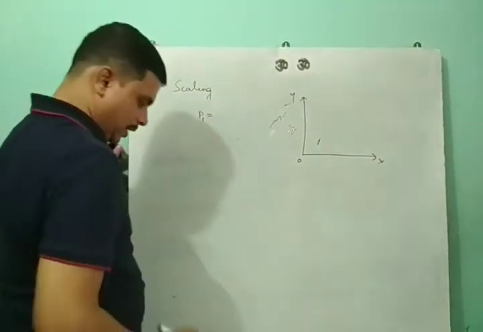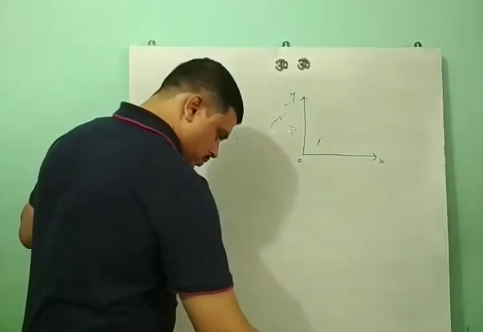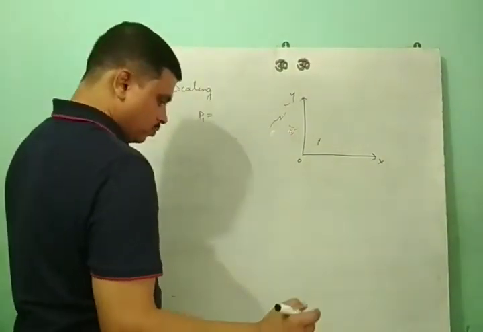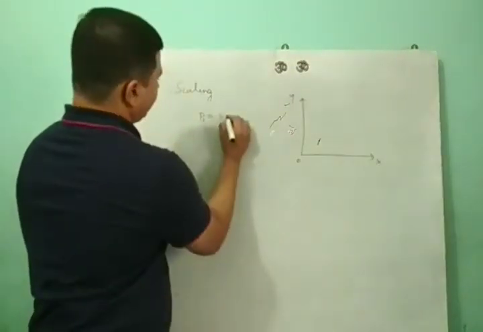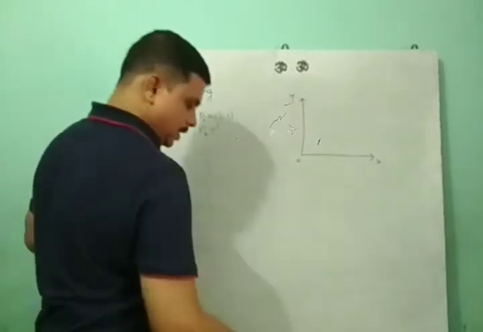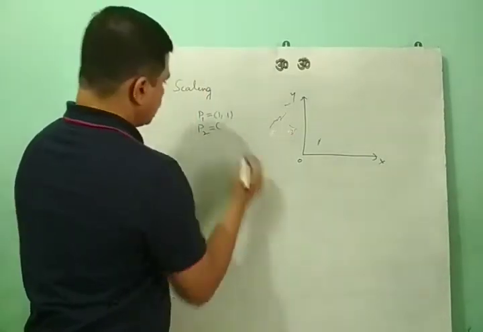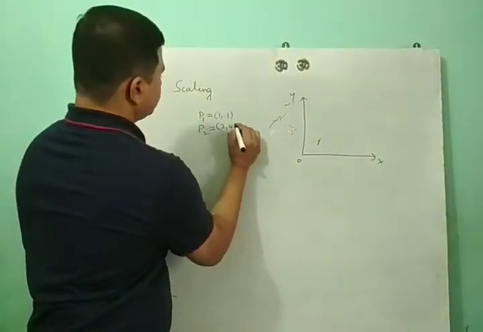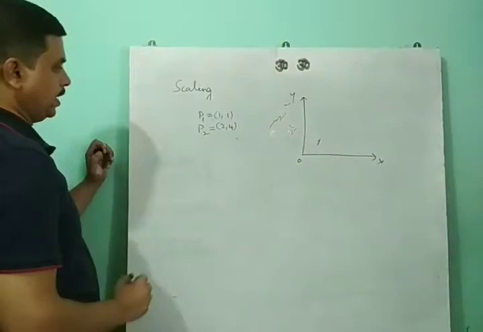The P1 point is 1, 1 and the P2 point is 2, 4. These are the given points.